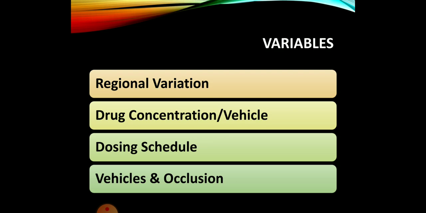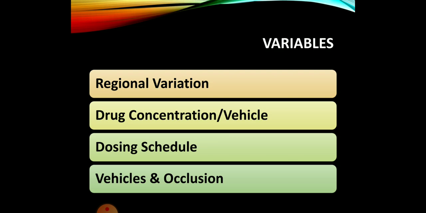The drug concentration is again 0.5% or 0.25%, on the basis of which you can decide the potency of the drug. And the high potent drugs usually have a vehicle form like ointment or cream, and the salt which is associated with a particular drug, like halobetasol propionate, which is basically a steroid, is a high potent one.